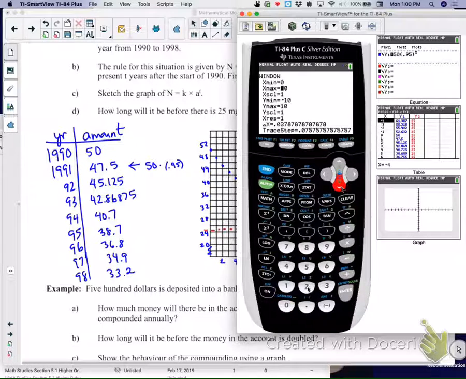So we're going from 0 to 20 by ones. On my y scale, if you want to, you can go ahead and start at 0, because I've got plenty of space on the graphing calculator. We're going to 52, and we're going by 2s. So here's my curve for the element.